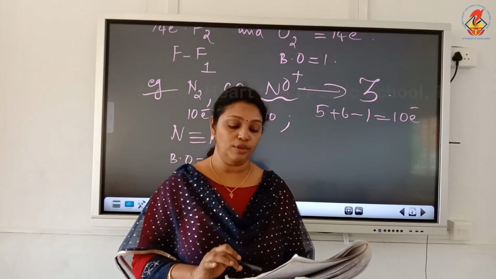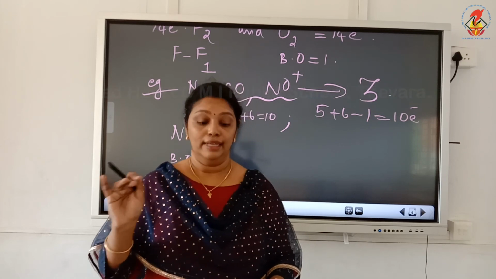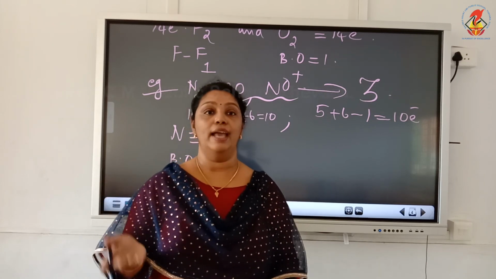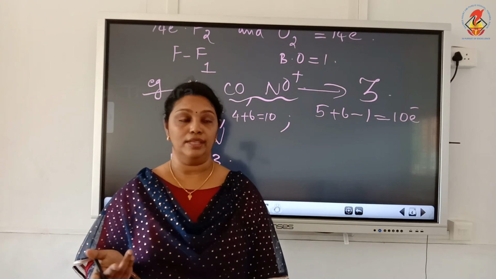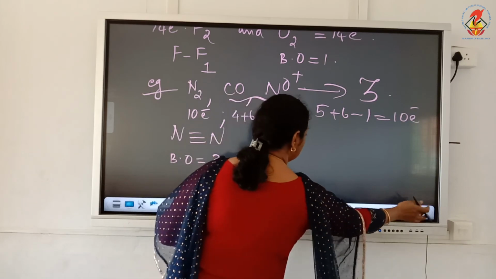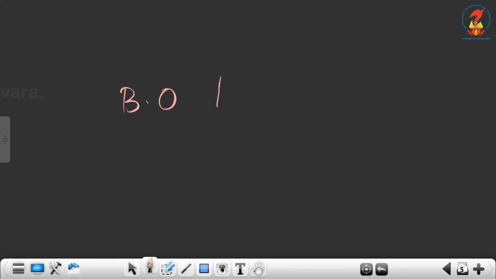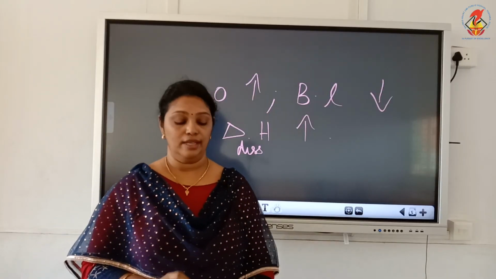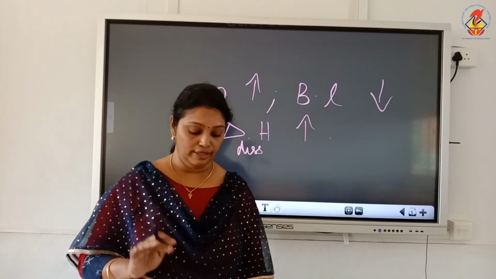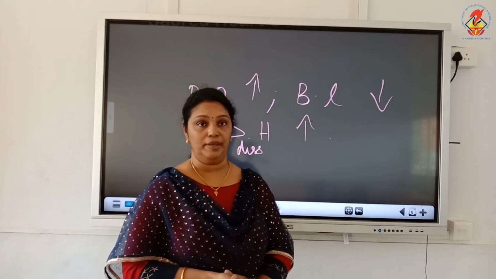Or, as bond order increases, the bond length decreases and bond enthalpy increases. So this is the relation between bond order, bond length and bond enthalpy.